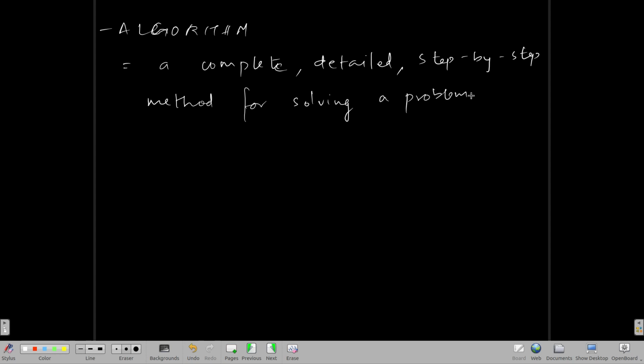Not only should it be solving, it should be what? Independent of the programming language used.